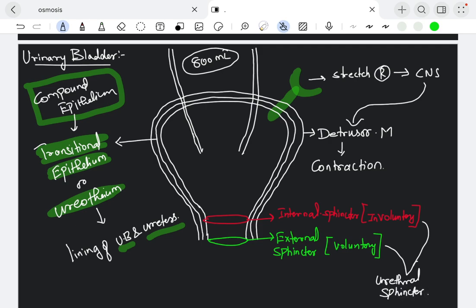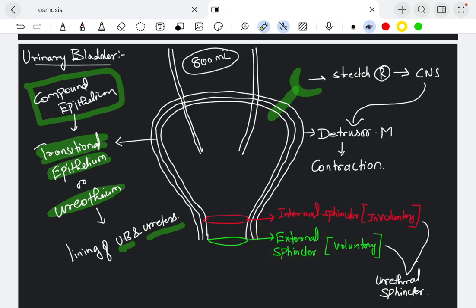Because of this external sphincter, you are holding your urine. Even though your urinary bladder reaches its maximum capacity, you have to hold it until you find the toilet, right? So the external sphincter helps us hold the urine until we find the toilet.